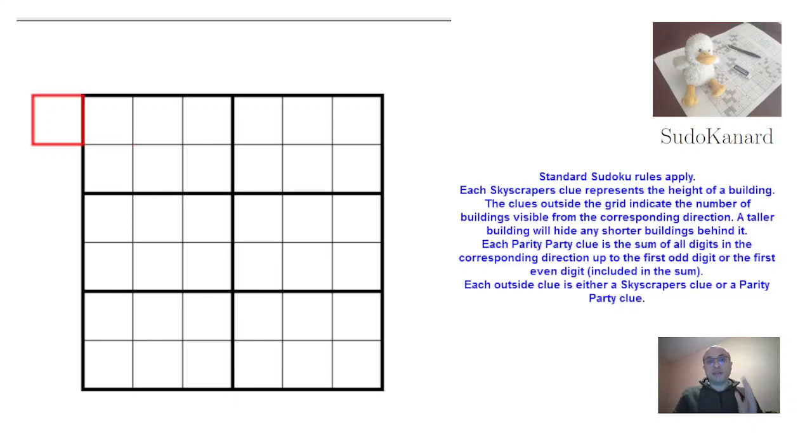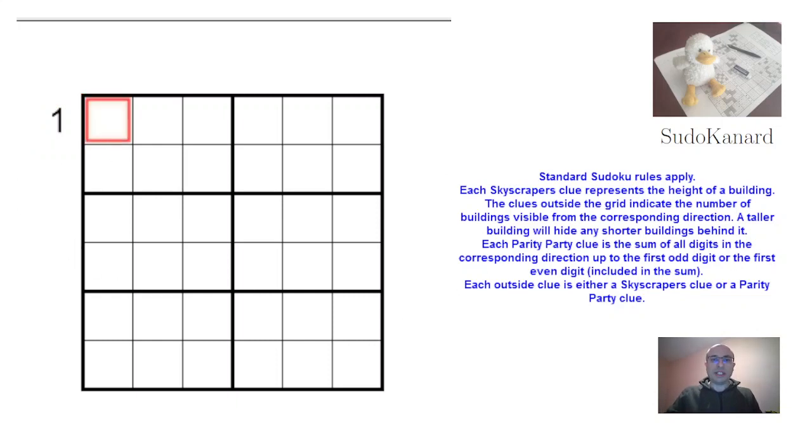First, I need to understand how all of this works. I want clues that can be both. And skyscraper clues are between 1 and 6, so for Parity Party I will use only sums from 1 to 6. Let's think about a clue of 1.